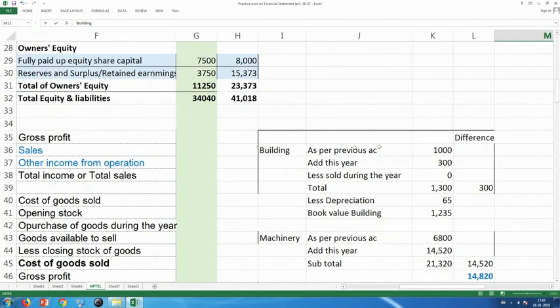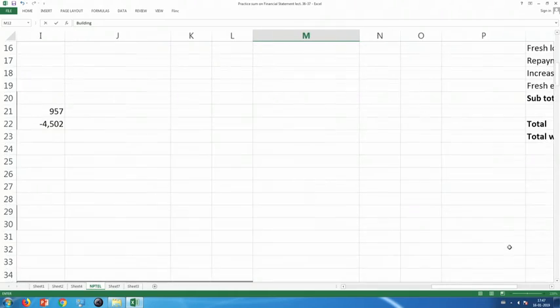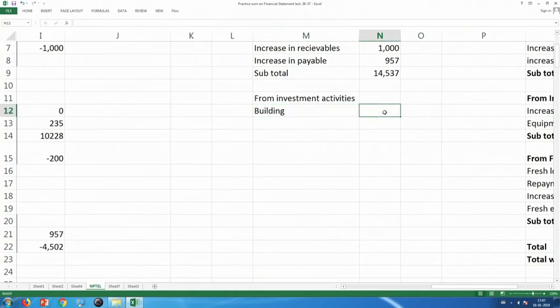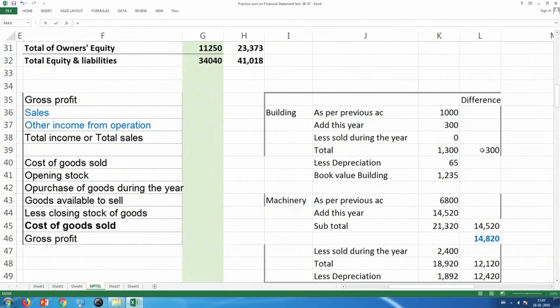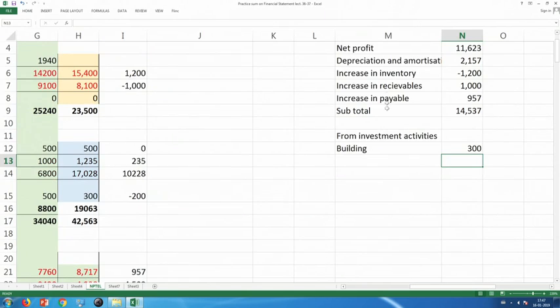The difference of building is 300, so we have to pick up this data, 300. Let us go back there. Building is equal to whatever is the new addition or subtraction, which here is 300. So, it is added there.